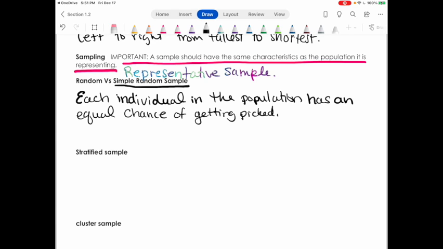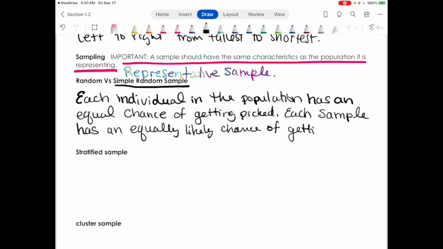But then to make it a simple random sample, what you would add on is, and each sample has an equally likely chance of getting picked as well. There are all different combinations of the ways you can combine your population to pick your samples. And if each individual member in the population has an equal chance of getting picked, and each sample has an equal chance of getting picked, then that's what you call a simple random sample.